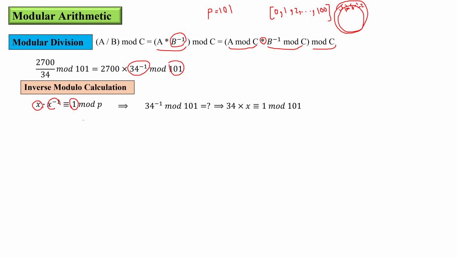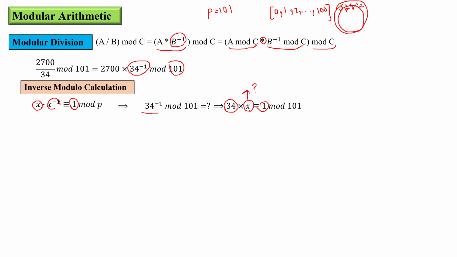So if you want to compute the inverse of 34, you need to multiply 34 with a value such that the multiplication equals a number that, if you compute mod 101, you will reach the value of 1. And this is the question: how can we compute this value?